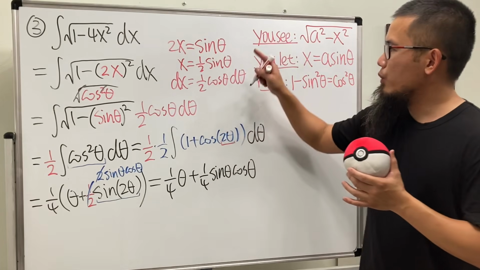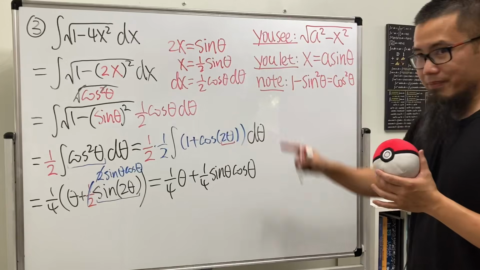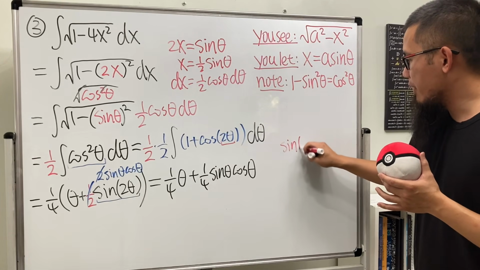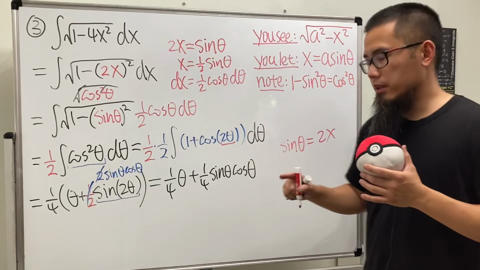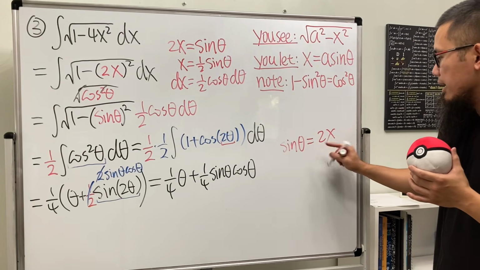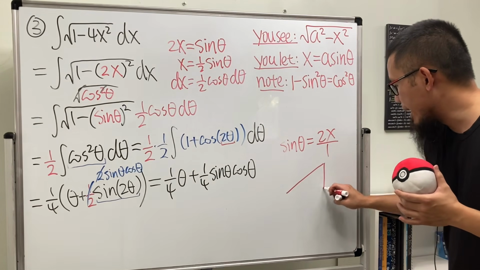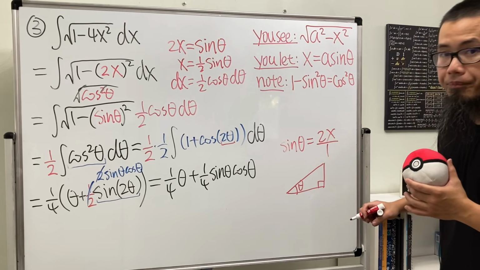Well, let's see. We are going to look at this right here. We know we have sine theta being equal to 2x. This time though, I'm going to purposely look at this as 2x over 1 because we are going to construct a right triangle, put the right angle here and then the angle theta here.